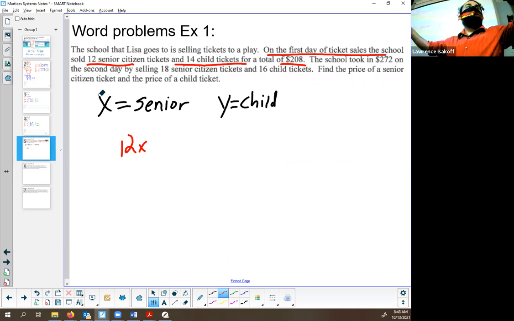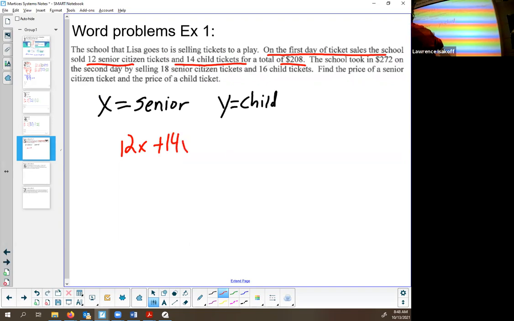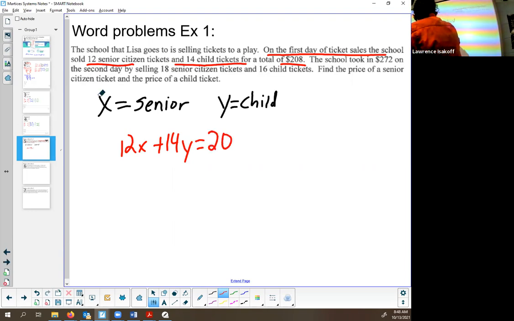So it's actually going to be plus because we're going with the total, right? Oh, you did. Sorry, it's a little hard to hear with the math. My bad. Yeah, so plus 14y equals how much money did we make? 208.